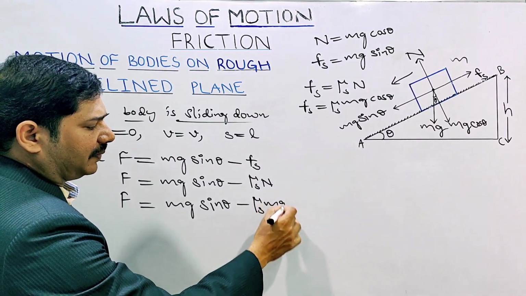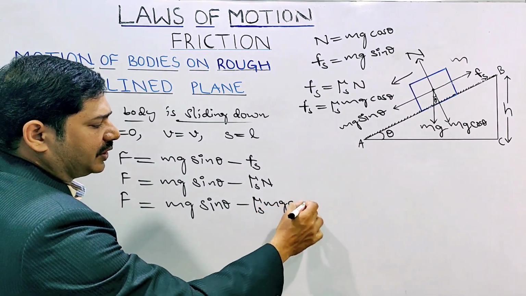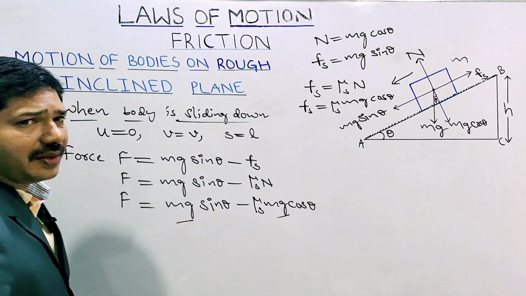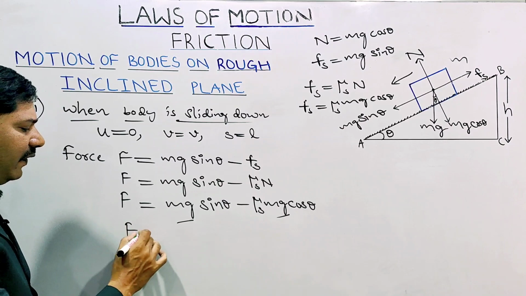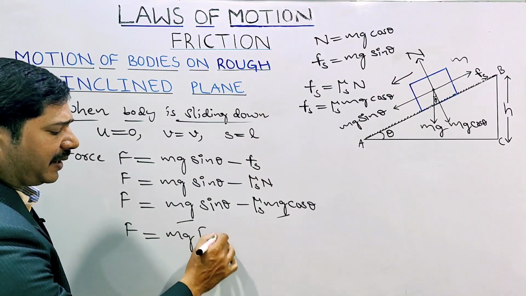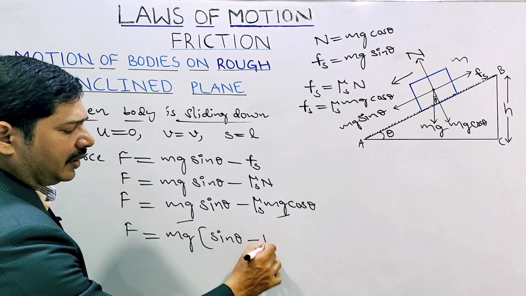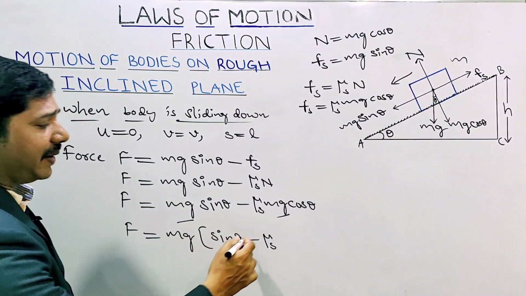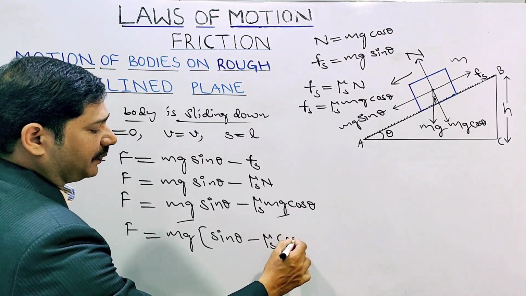Mg cos theta. Here mg is there in both terms, so we can take it common. F equal to mg into sin theta minus mu s cos theta.